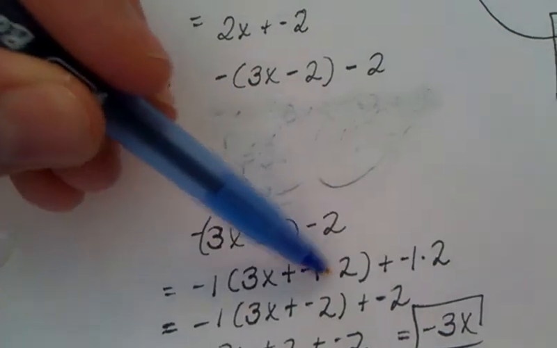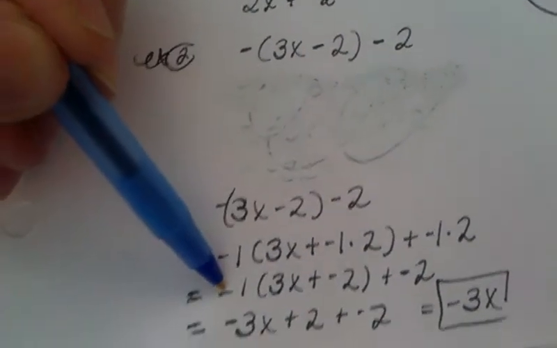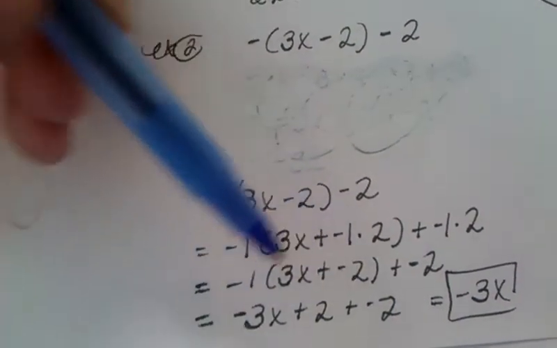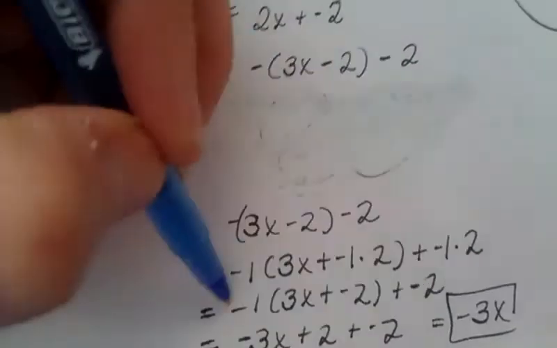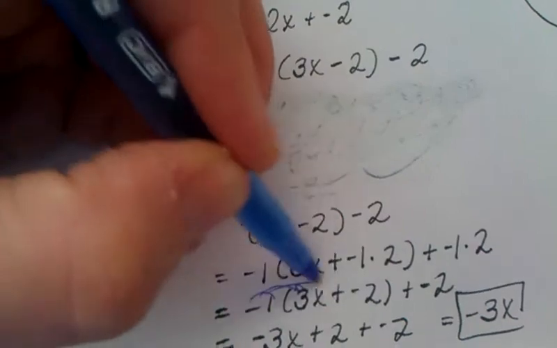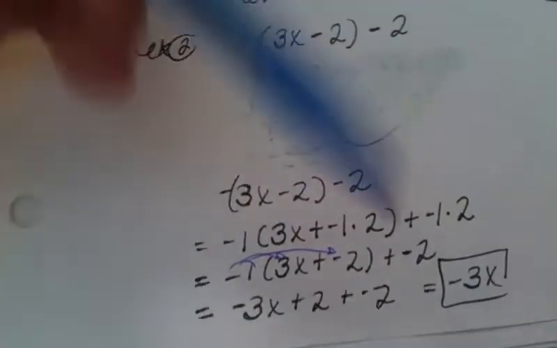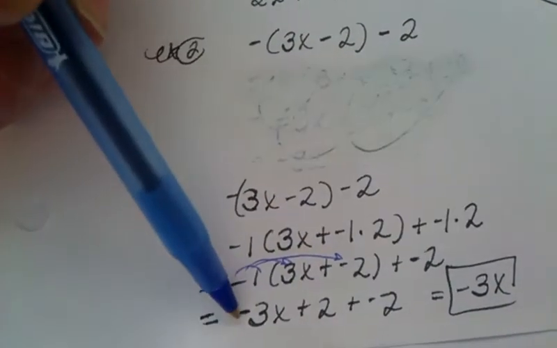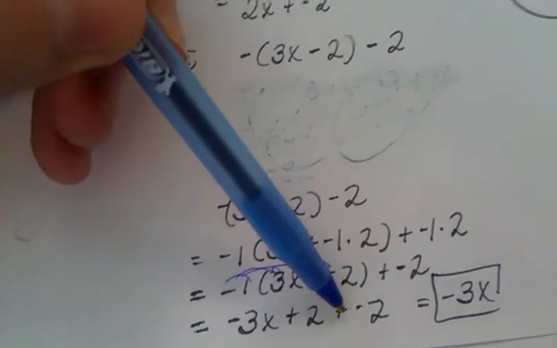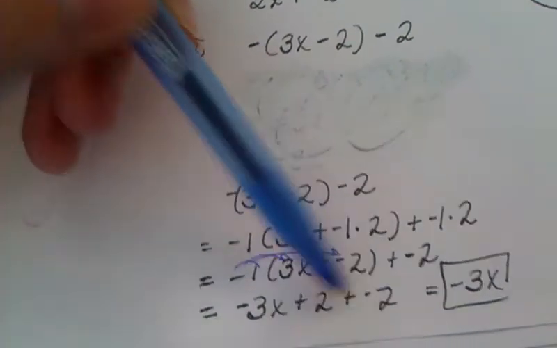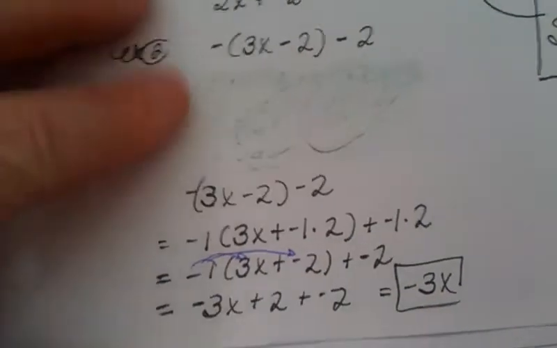Negative 1 times 2 gives me a negative 2. And negative 1 times the quantity 3x plus negative 2 is the same as saying negative 3x plus 2, because don't forget to distribute this negative not just to the first term but to the second term also. And then I had plus a negative 2. Well, the negative 3x stays the same, but if I have plus 2 plus a negative 2, those two cancel out and I'm left with just a negative 3x.